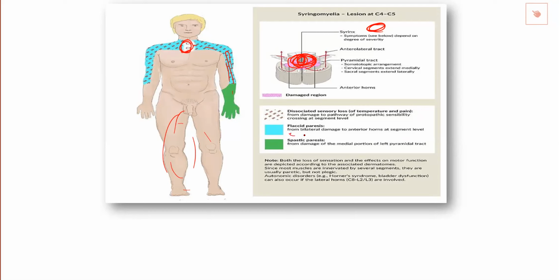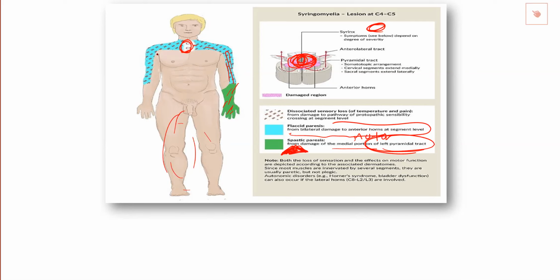We will have bilateral damage to the anterior horn segments, which leads to motor loss. Anterior horn cell damage leads to flaccid paralysis, and spastic paralysis due to damage of the medial portion of the pyramidal tract, the corticospinal tract, the descending motor tract.